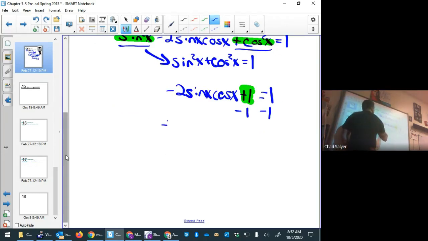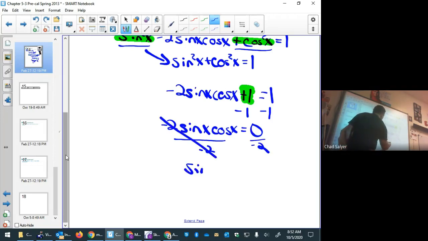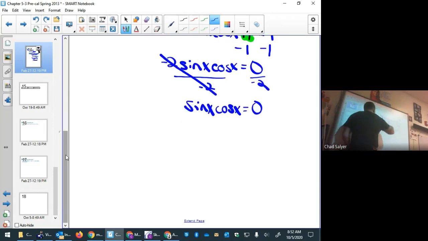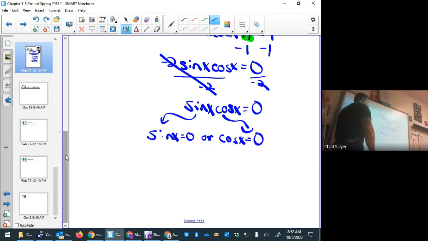If I subtract 1 from each side, I get -2 sine x cosine x equals 0. Divide both sides by -2, which is valid. And I'll get sine x times cosine x equals 0, which means by the zero product property, sine x equals 0 or cosine x equals 0. So we've discussed this ad nauseum, basically.